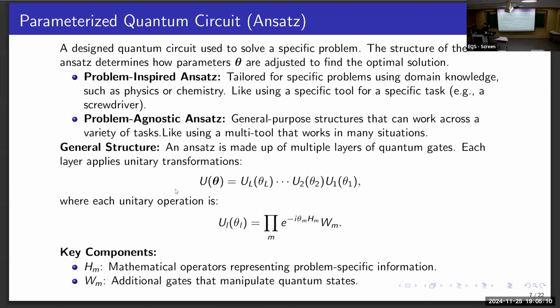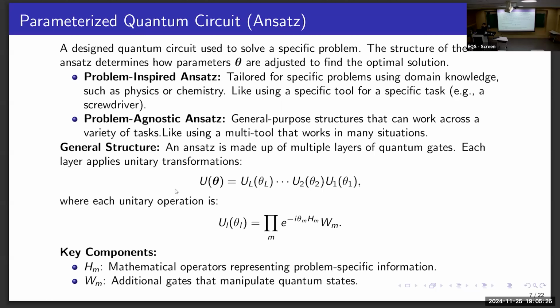Next, we move on to the parameterized quantum circuit, which is the ansatz. It is a designed quantum circuit used to solve a specific problem. The structure of the ansatz determines how theta is adjusted.